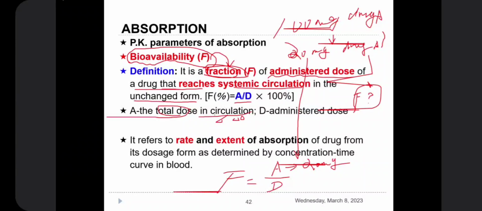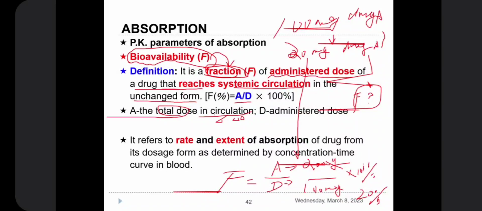And D means the administered dose, so D is 100 mg, times 100 percent. And finally, that is 20 percent.